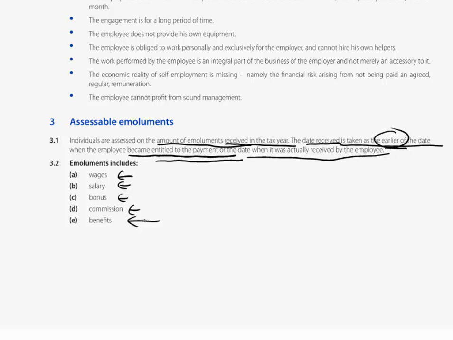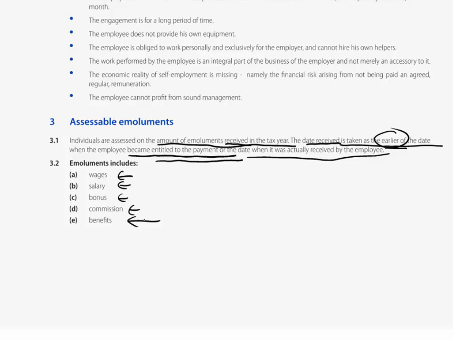And not only do they provide you with that accommodation, they also furnish it for you. You've got carpets, furniture, a TV set, all sorts of furniture and furnishings provided to you within that living accommodation. So there's a range of various benefits that may be provided to you.